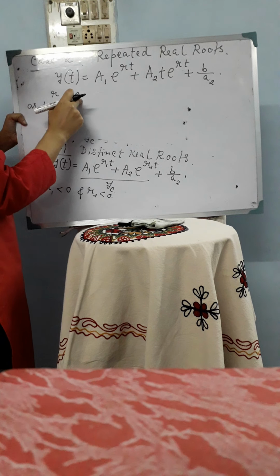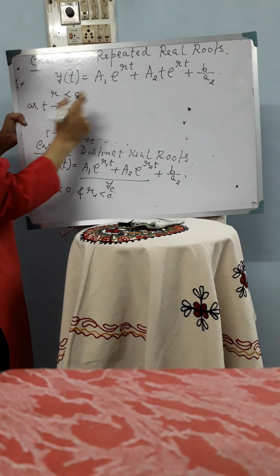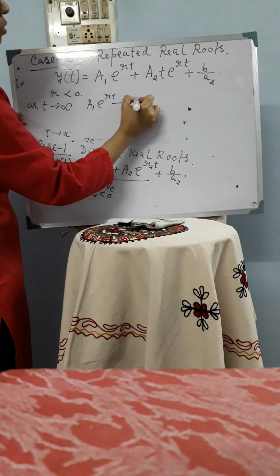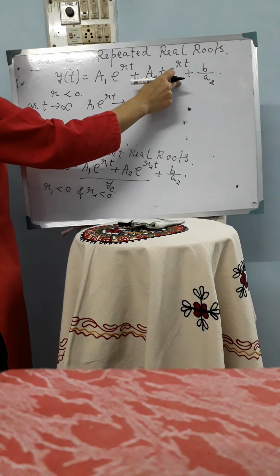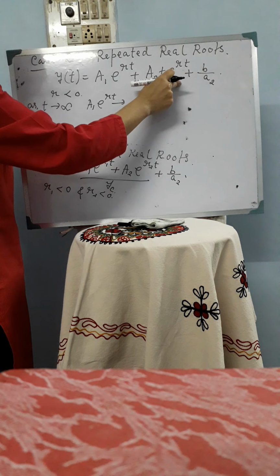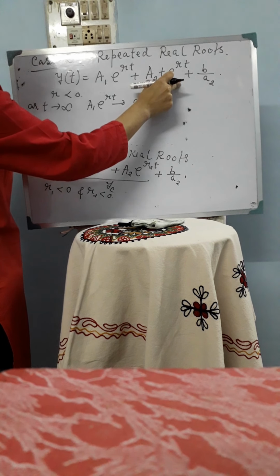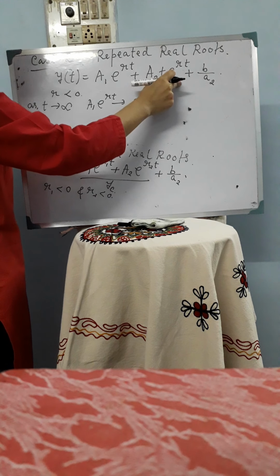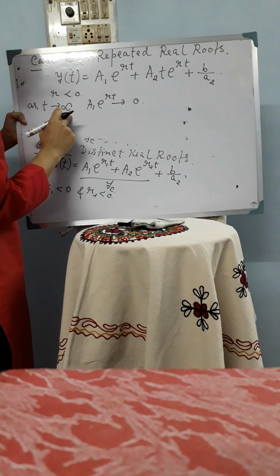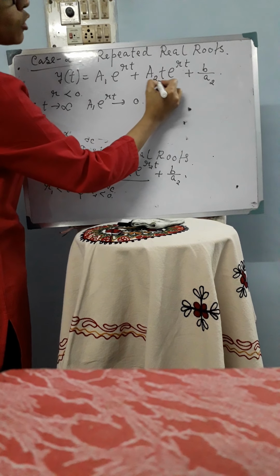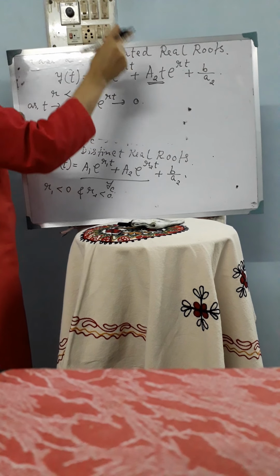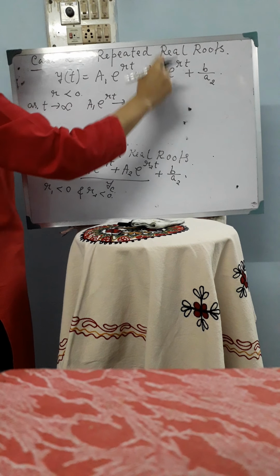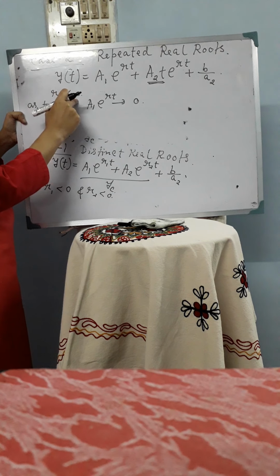So if r is less than 0, then as t tends to infinity, a1 e to the power rt tends to 0. Now what about the second term? In the second term, we can observe that there is a t here, so this is a multiplicative term. When t tends to infinity, this a2 t increases, but e to the power rt declines because r is less than 0.